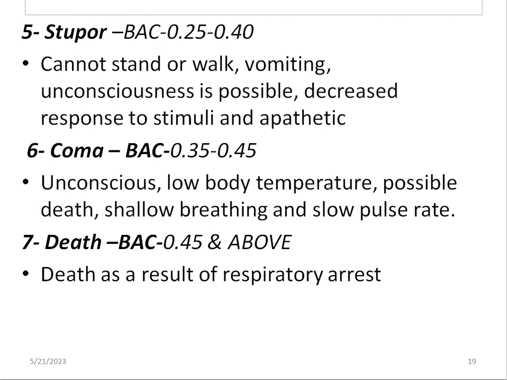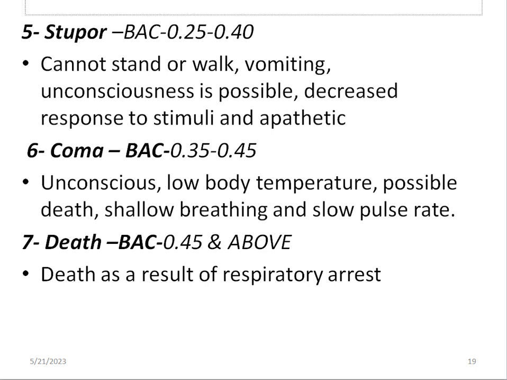Then stage 5 is stupor. Stupor blood alcohol content may range from 0.25 to 0.40. In terms of behavior, the person who is drunk to the stupor stage cannot stand or walk.